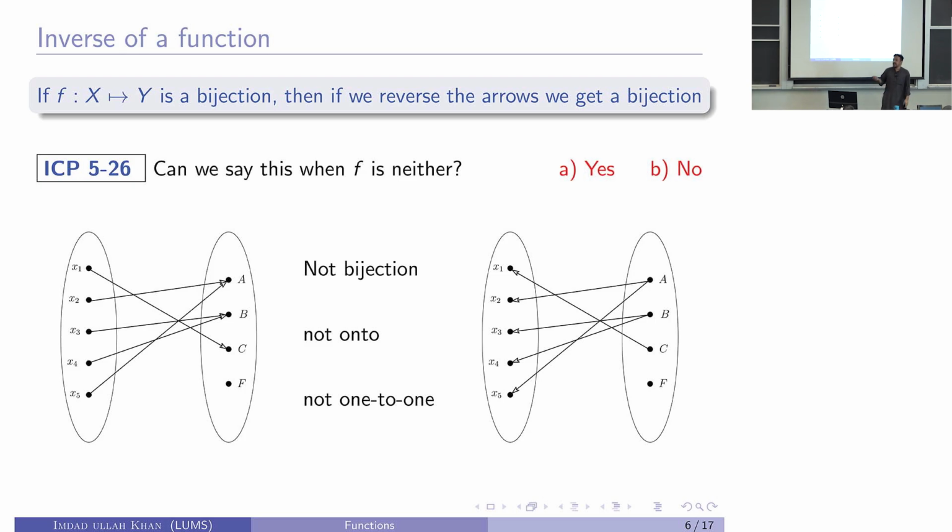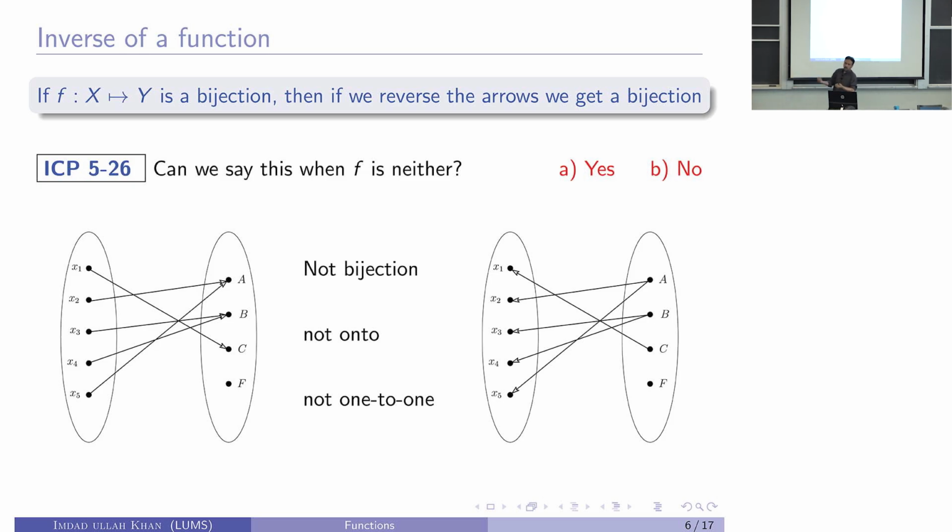Now, I am saying, can we say this for a function that is not one-to-one and not onto? So this we have established: if it is a bijection and we reverse the arrow, we get a new function. The new function will be a bijection, okay?